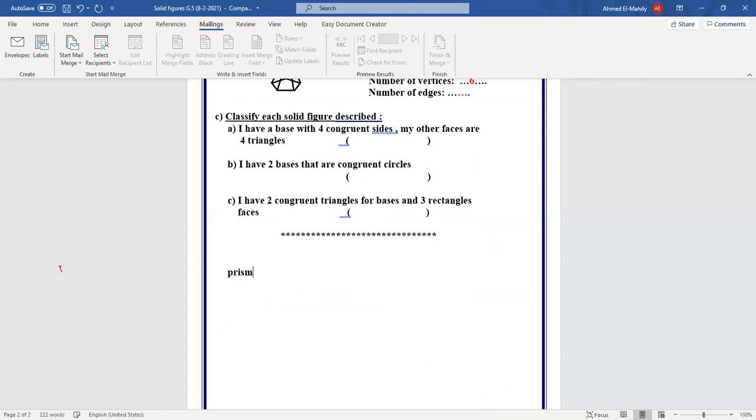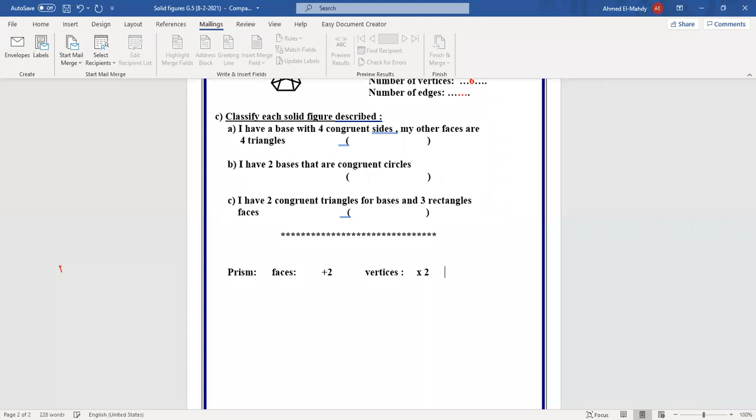In the prism, to find the number of faces, we add 2. Listen, please. We add the number of base sides plus 2 to find the number of vertices, multiply by 2.